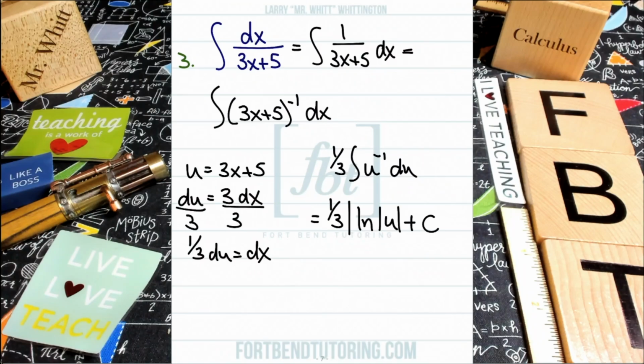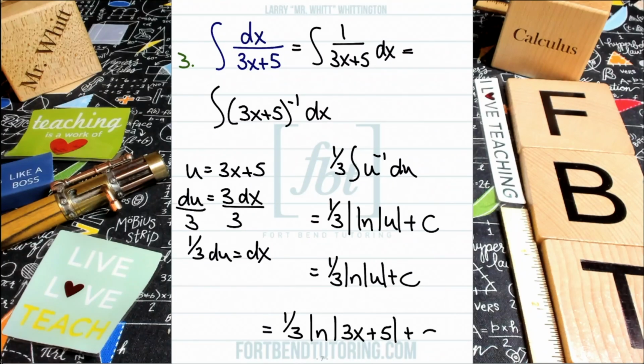And what is the value of u? Remember, our value of u is going to be that 3x plus 5. So you'll have 1/3 times the natural log of the absolute value of 3x plus 5 plus c.